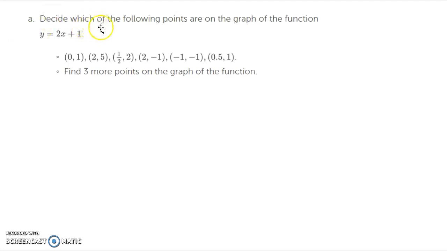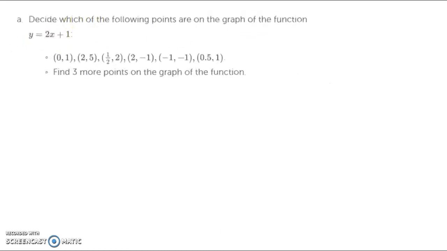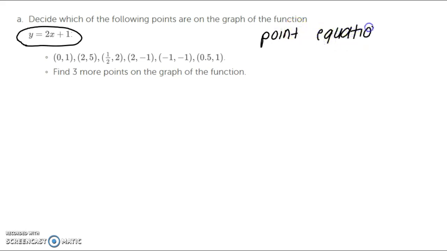So let's go ahead and take on part A. It says, decide which of the following points are on the graph of the function y equals 2x plus 1. When they ask us to find out if a point is on the graph, we need to find out if the point makes the equation true. So if you think back to first semester, for a point to be on the graph, it has to make the equation true.